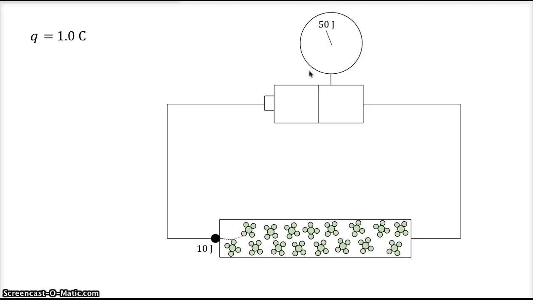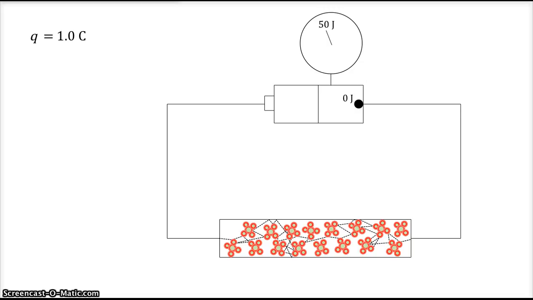Then it's accelerated and bumps into these many atoms. When it gets out the other end, it has 0 joules of energy. But these atoms are vibrating faster, and so the resistor is hotter. The charge then moves at constant speed to the other end of the terminal.